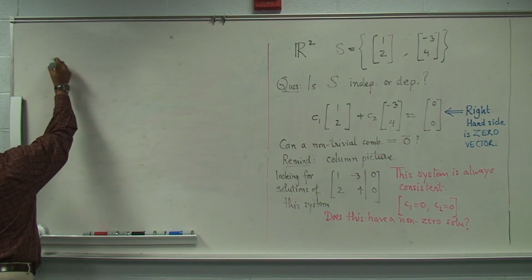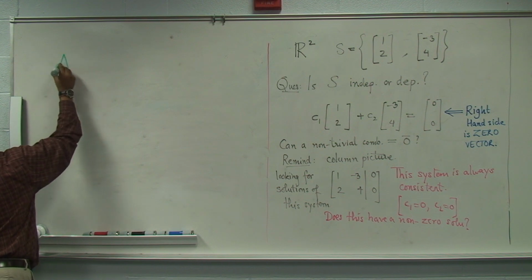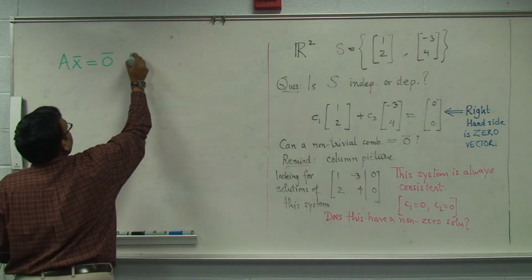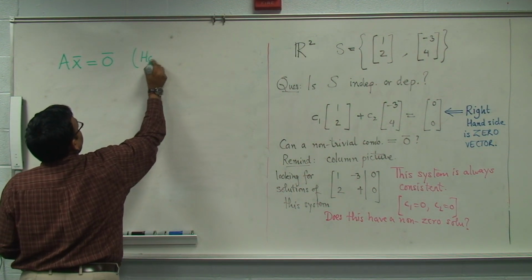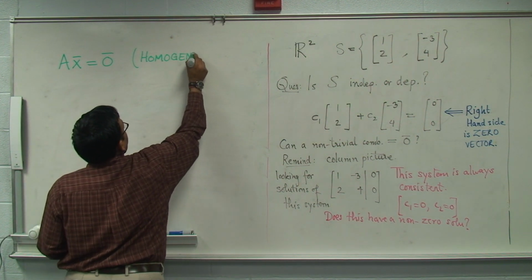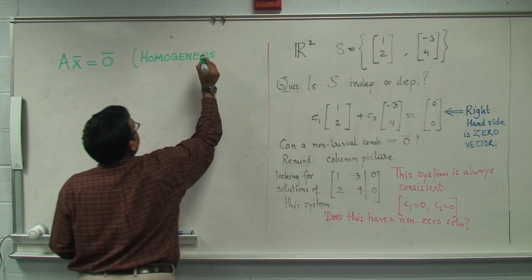So when we say AX equal to 0, this is what we call the homogeneous system.